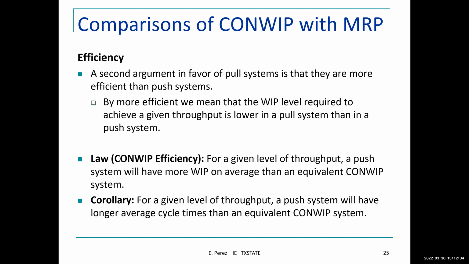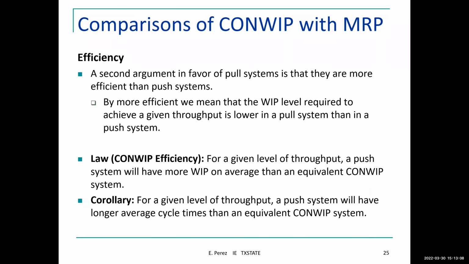For a given level of throughput, a push system will have more WIP on average than an equivalent CONWIP system. And for a given level of throughput, a push system will have a longer average cycle time than an equivalent CONWIP system.